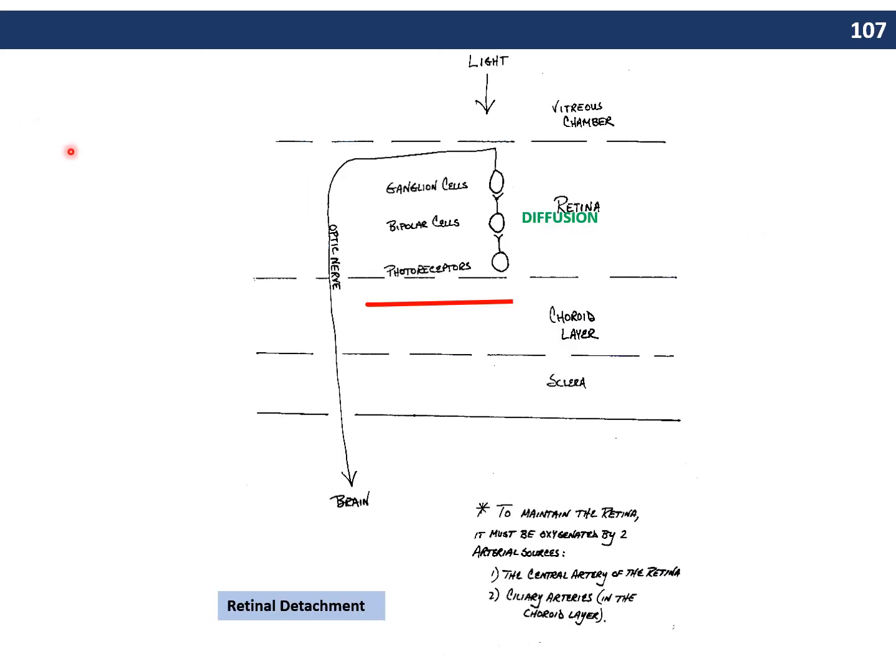As such, the photoreceptor layer and the nervous layers can become detached from each other, which is a retinal detachment, resulting in floaters that are blood droplets that may float in and out of the field of vision.